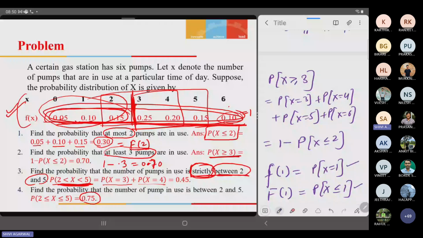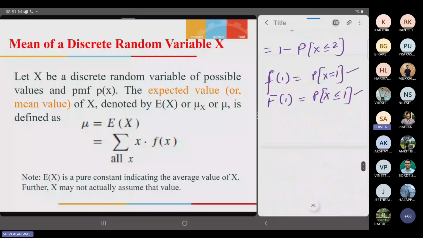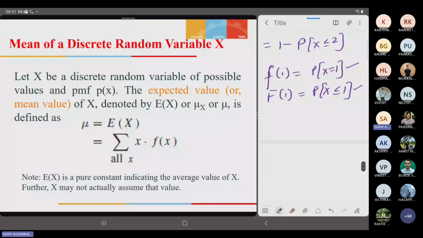Okay. So after defining the PDF and CDF, we are moving ahead to another concept known as the expected value or the mean value of a random variable. Let X be a discrete random variable with probability density function f.